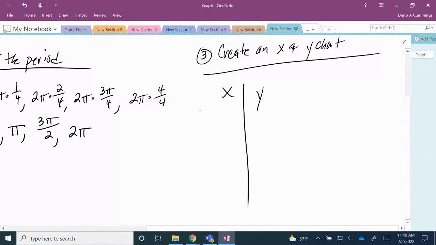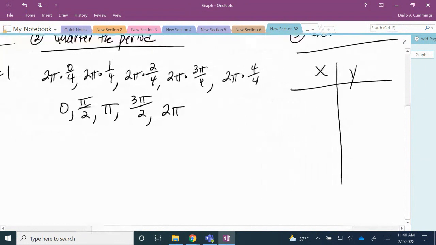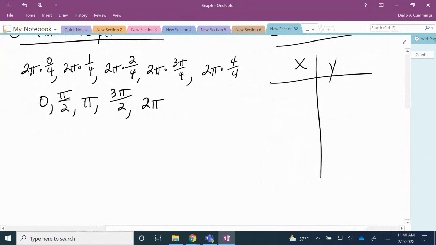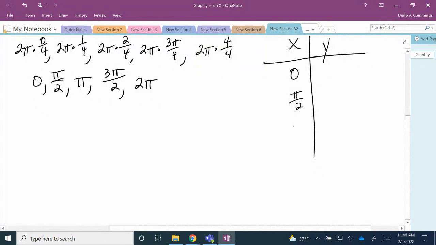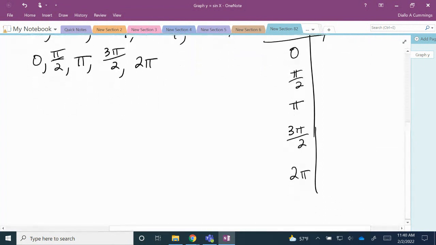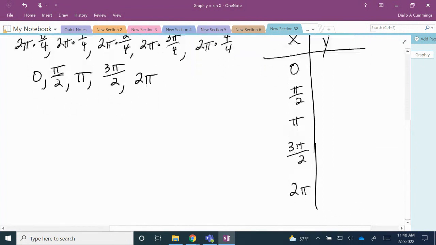Well, the x values are the values that we found in the previous step. The x values are 0, pi over 2, pi, 3 pi over 2, and 2 pi. And when we graph, they also serve as the points for our x-axis.